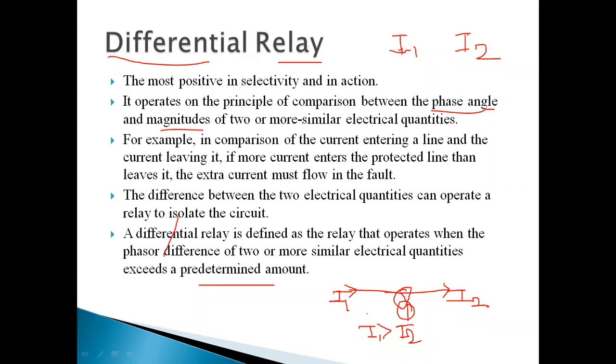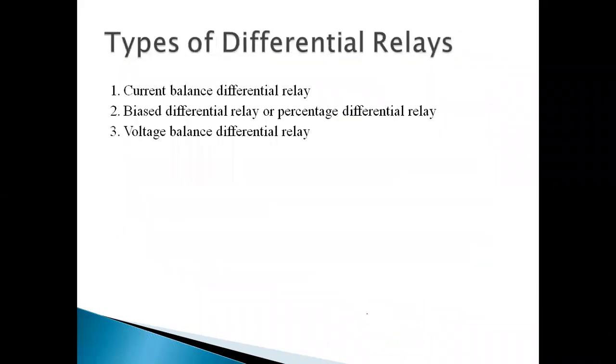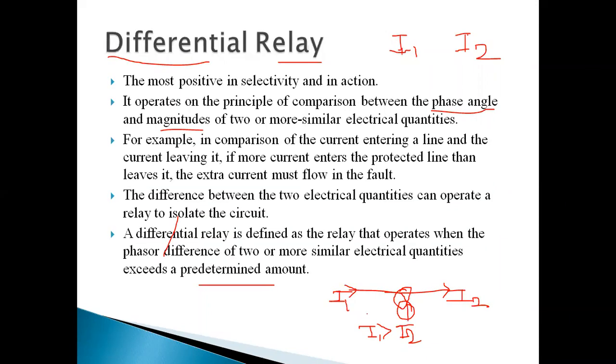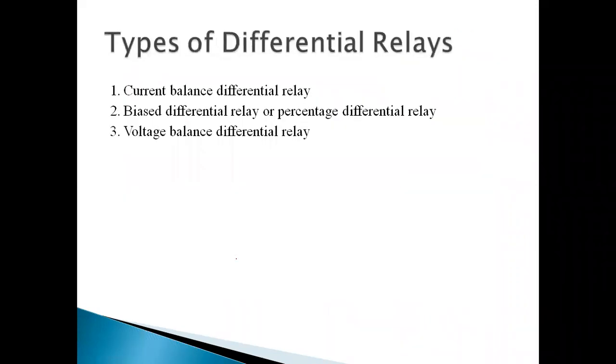Then we'll see the next point, that is the types of differential relays. Everyone note at least the point, then the definition, and how it is working. Then next is the types of differential relays. There are three types.